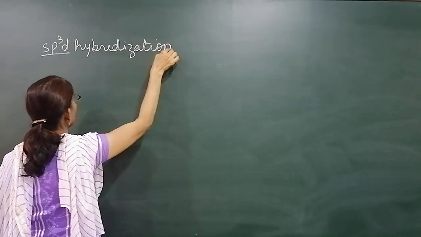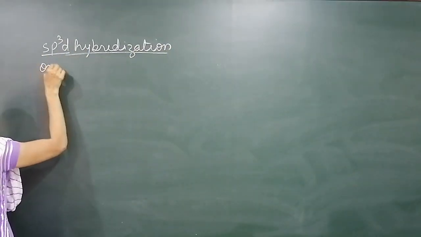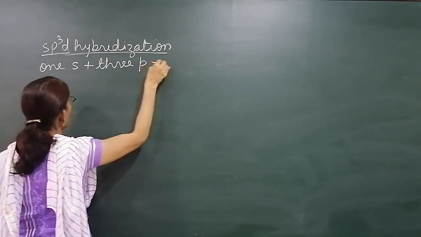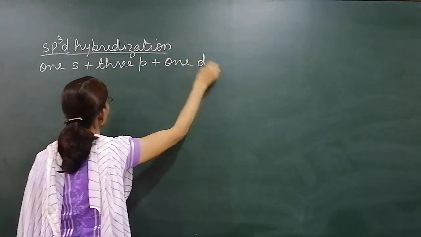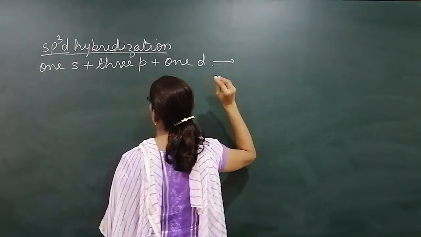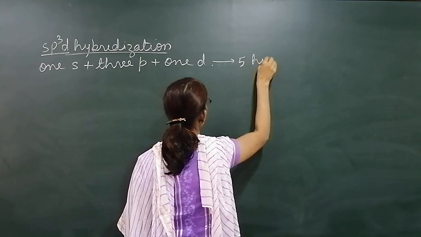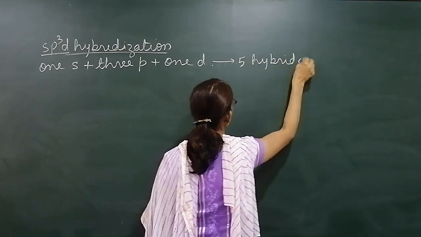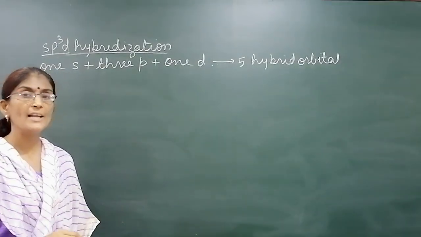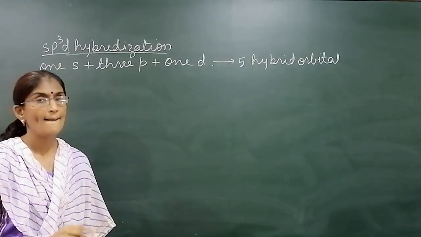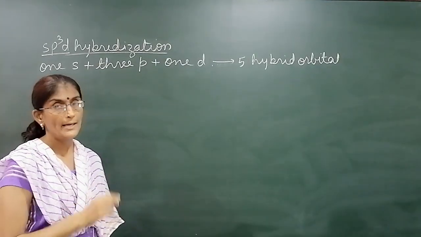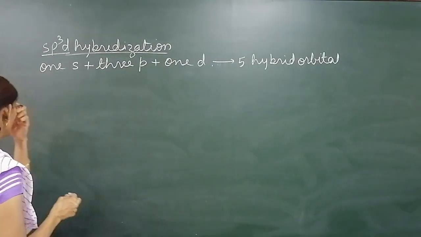What is sp3d hybridization? 1 s orbital, 3 p orbitals plus 1 d orbital overlap. Total how many hybrid orbitals form? 5 hybrid orbitals form. This phenomenon is known as sp3d hybridization. We can see now with the example what is the shape and what are the bond angles in sp3d hybridization.